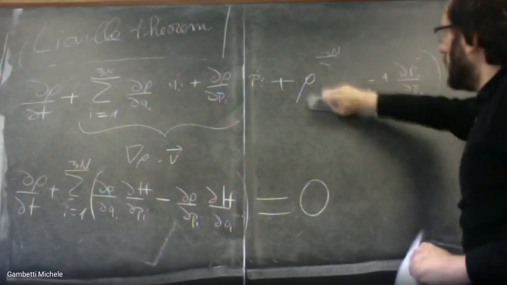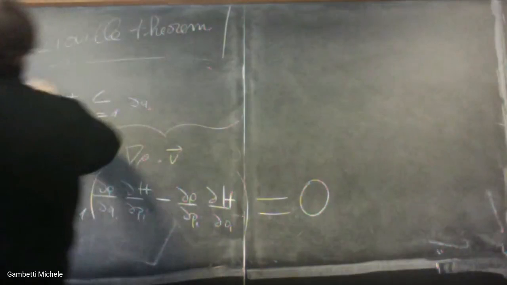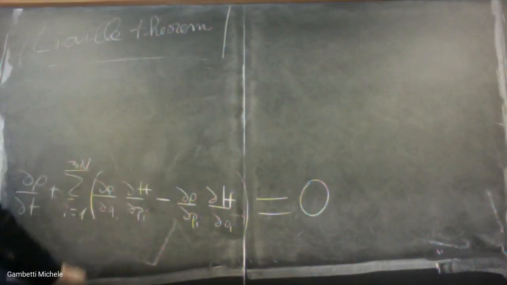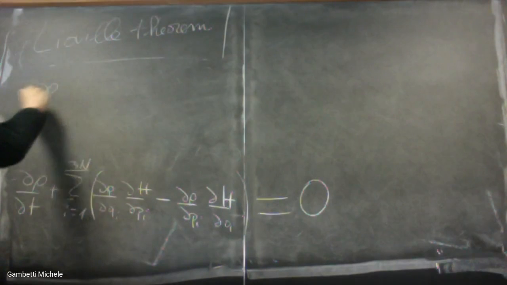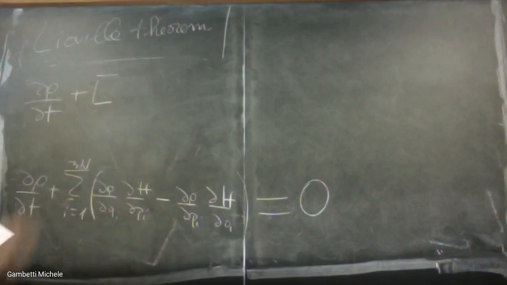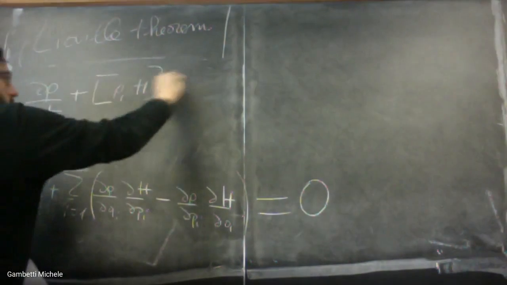Now, what is in the bracket can be written in a more compact way as Poisson brackets, and therefore I have the derivative of rho with respect to t plus the Poisson bracket of rho with H is equal to 0.